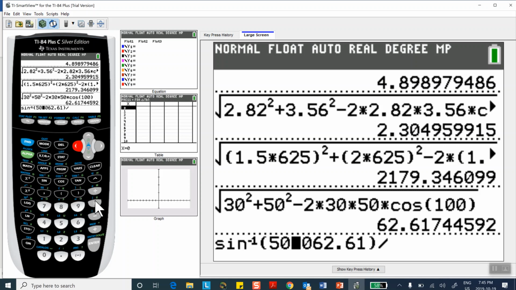Times sine of 100, close it, divided by 62.61.